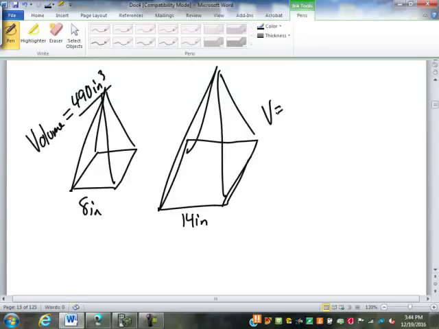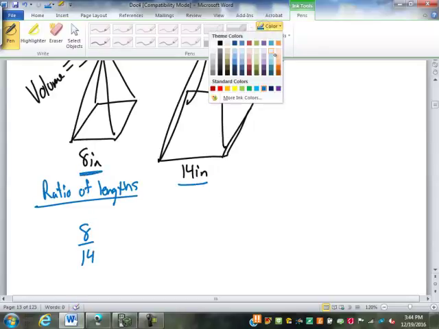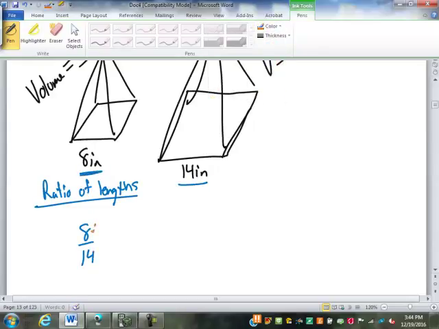And I want to find the volume of this one. Well, again, we're going to look at the ratio of lengths. The ratio of lengths here is 8 to 14. This side became 14 when I enlarged it. Now, of course, that can be reduced again. 8 and 14 can both be divided by 2. Gives me a 4 to 7 ratio of lengths.